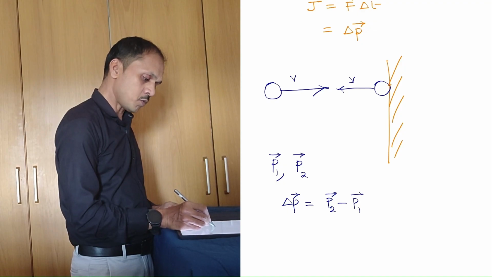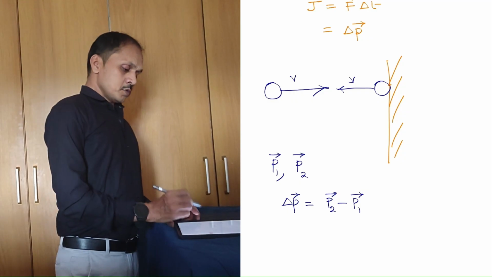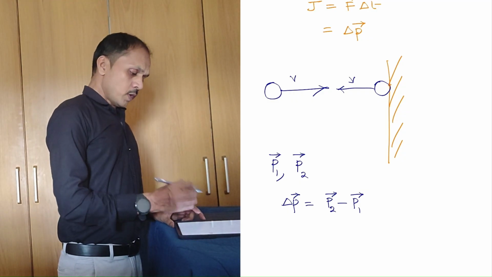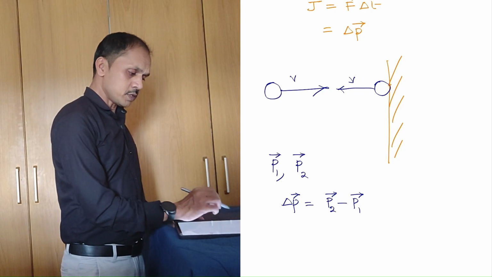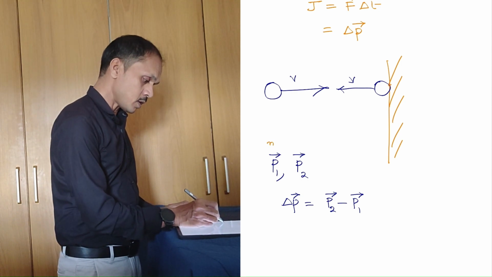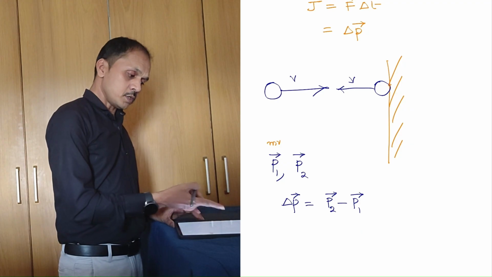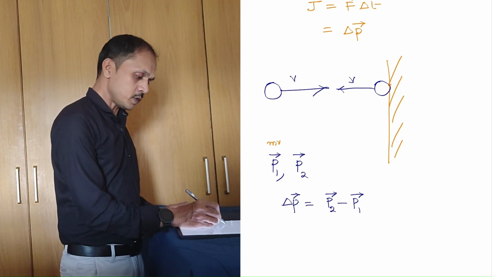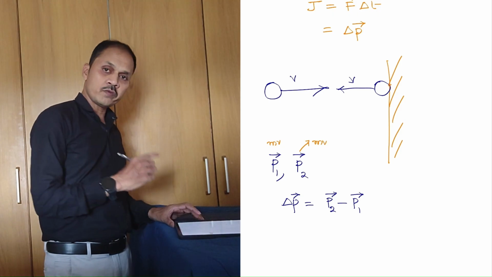And you know, when I talk about momentum, I mean linear momentum. Okay. So this is the equation. So what is the initial momentum here? Observe the ball here. It is coming toward the wall with the speed v. So initial momentum is mv. What is the final momentum? Mass into the velocity, the speed. It is v again. So initial mv, final mv.